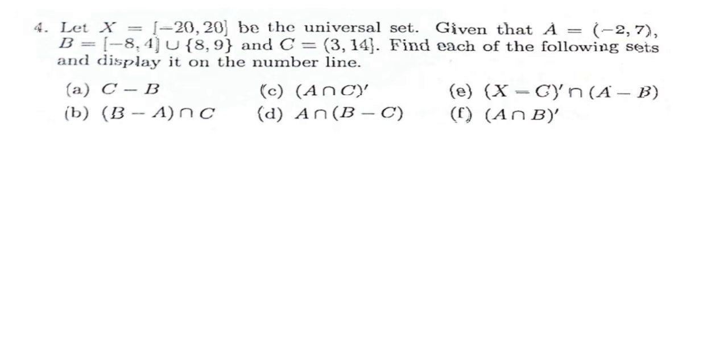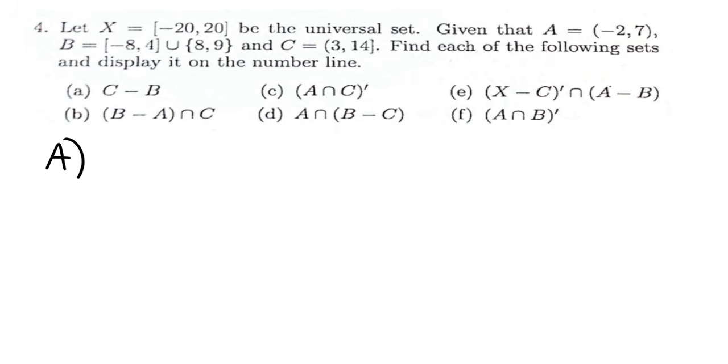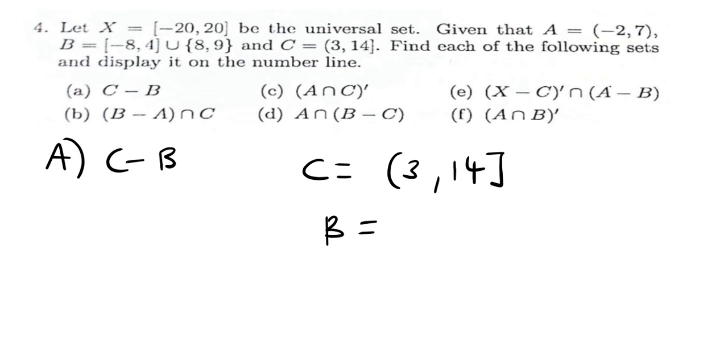A we've been given is C minus B. C we are given that it is 3 to 14, an open-closed interval. Then B is negative 8 to 4, union, then we've got 8 and 9.